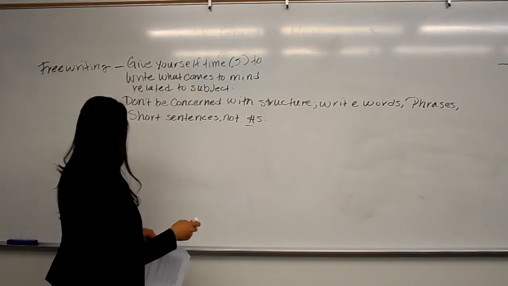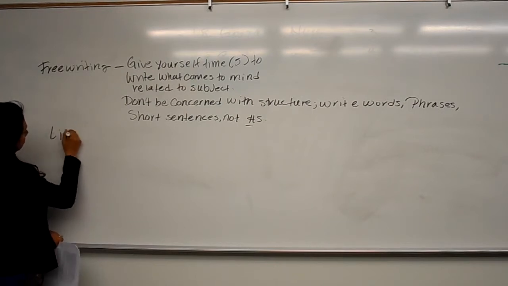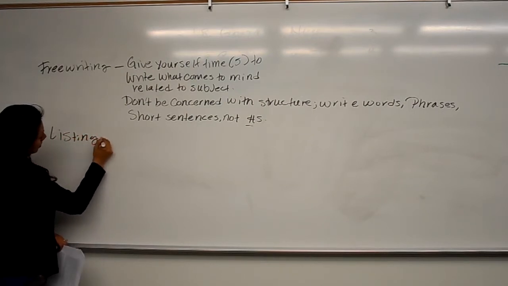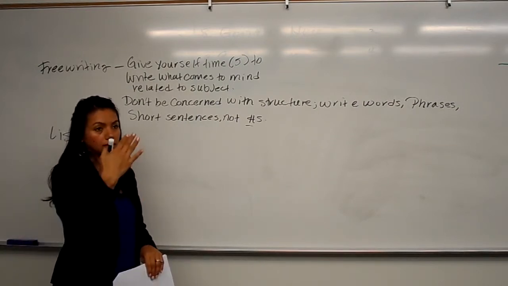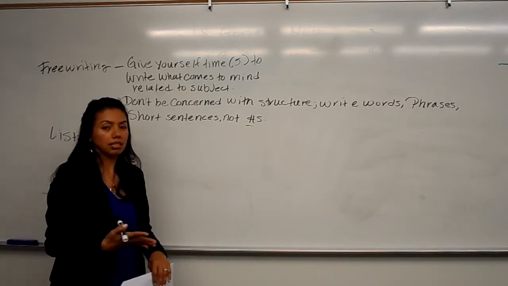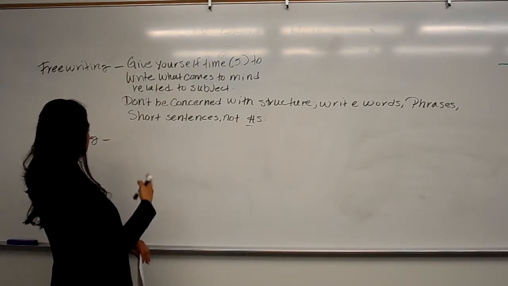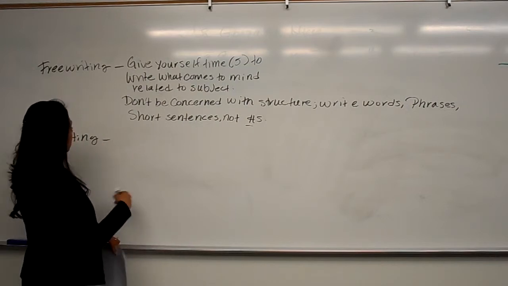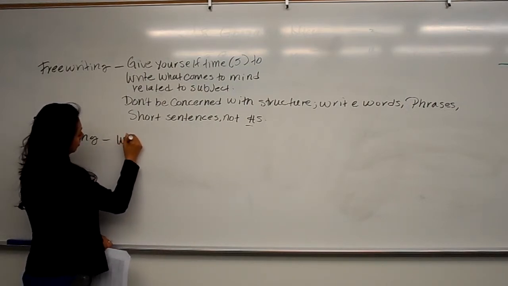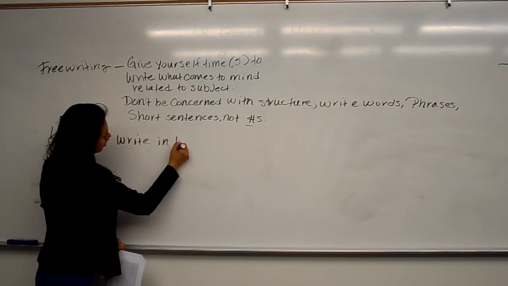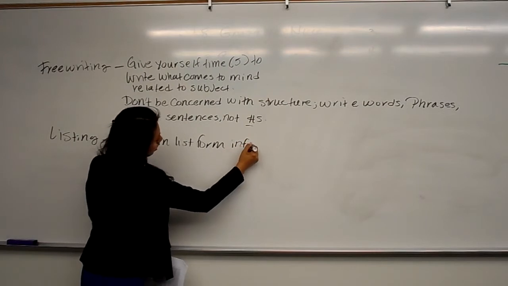And then the next strategy is listing. You might be familiar with lists. If you use lists at home, you make yourself a list of the things that you need to do. You make a list of things at school that you have to complete, tasks, etc. It's sort of the same thing, but when you do a list, you write information about the subject in list form.